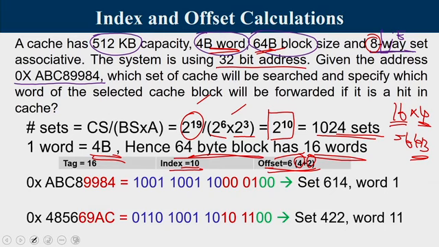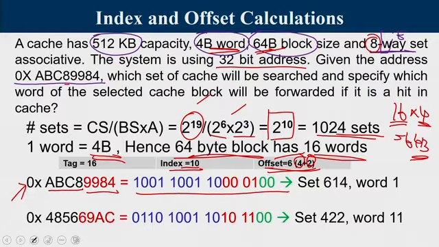Now, what we are asking is, in this given address 0xabc89984, that is the address that has been given here, I have to split this address into 16, 10 and 6. So, this black portion, since it is hexadecimal, indicates the tag. The remaining 9984 is a 16 bit value, and since this is a hexadecimal representation, I am going to write that as a bit value.